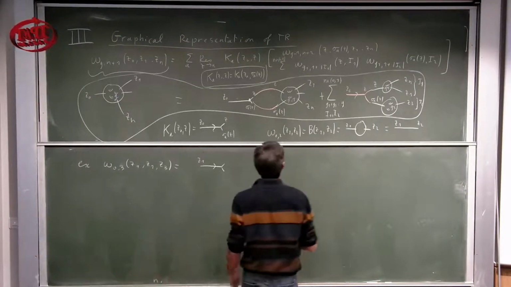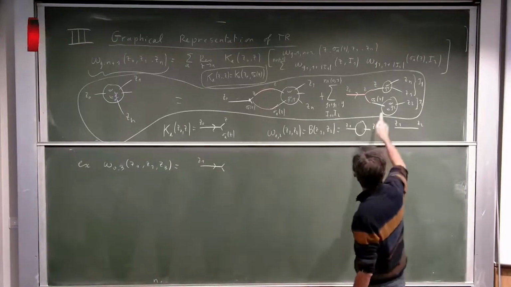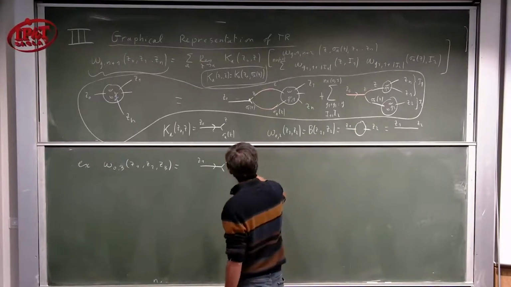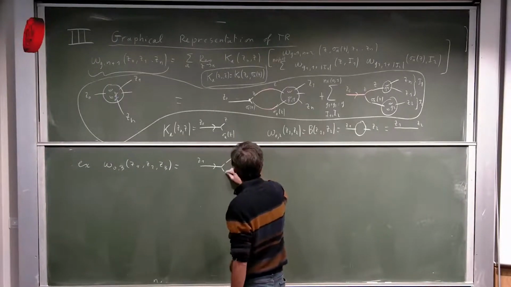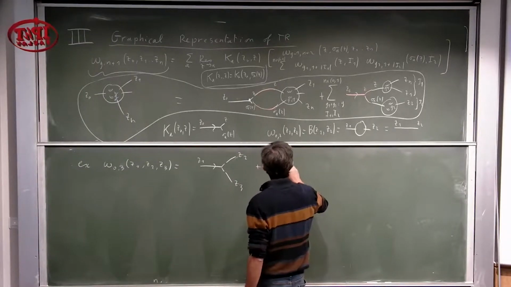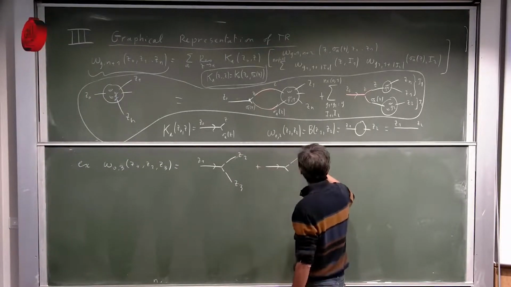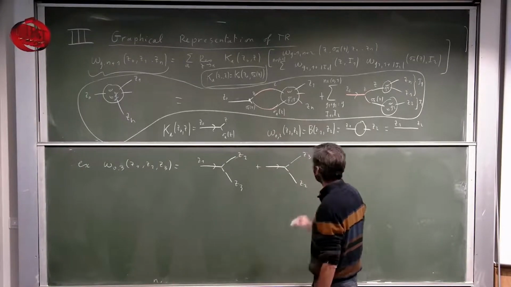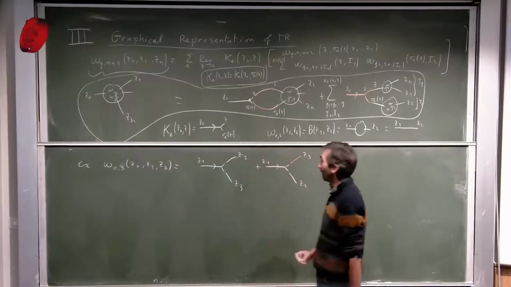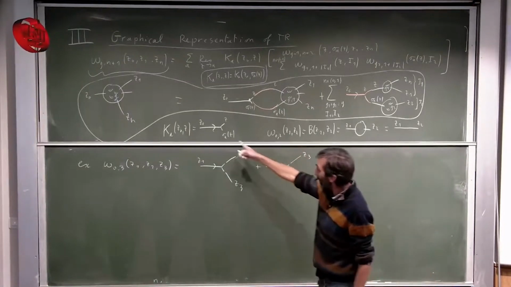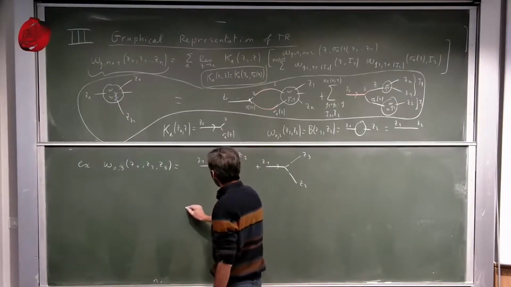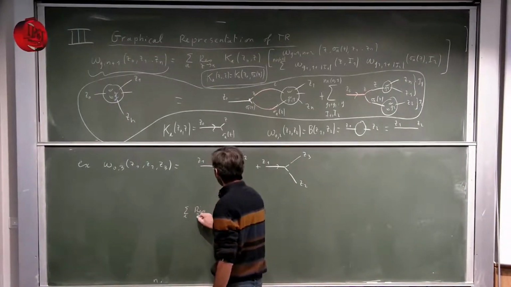These two terms correspond to having some omega 0,2, and omega 0,2 is the line. So it will be either this one, Z3, plus this one, Z3, Z2. These are the only terms. Again, this picture has the following meaning: the vertex means sum over a, residue Z goes to a.